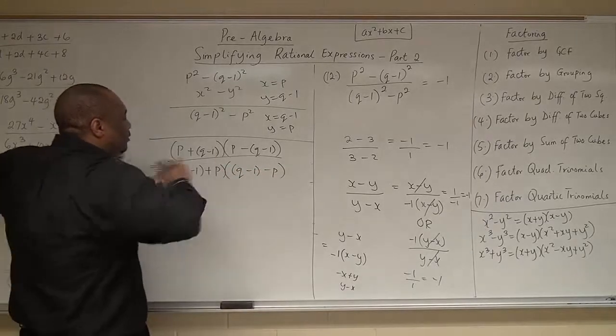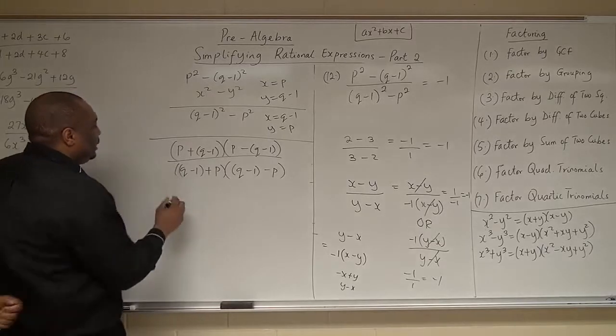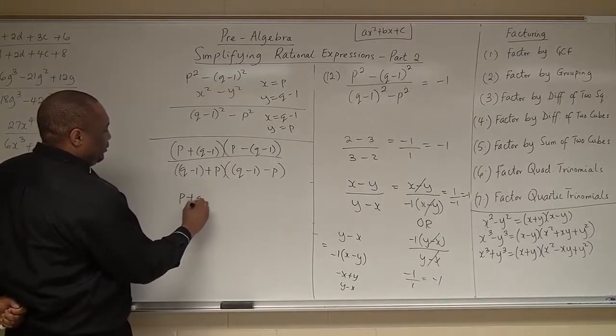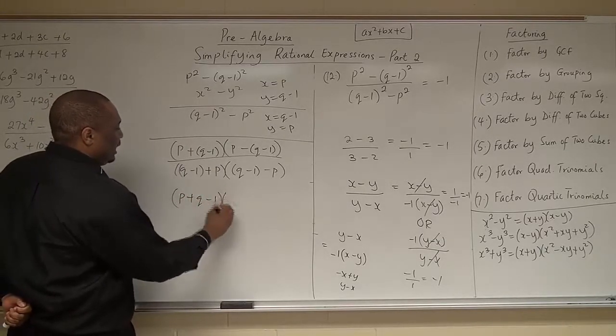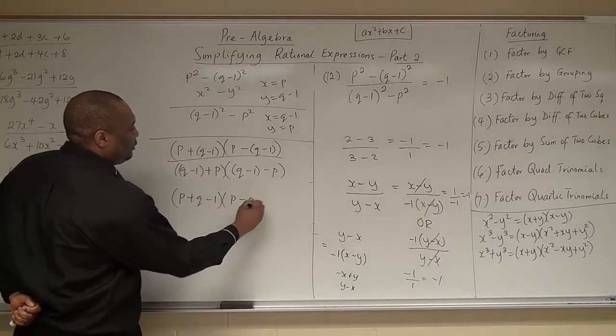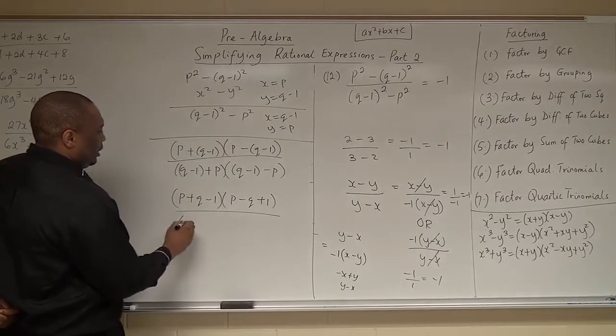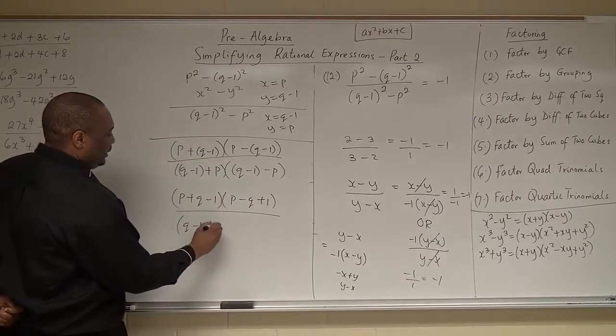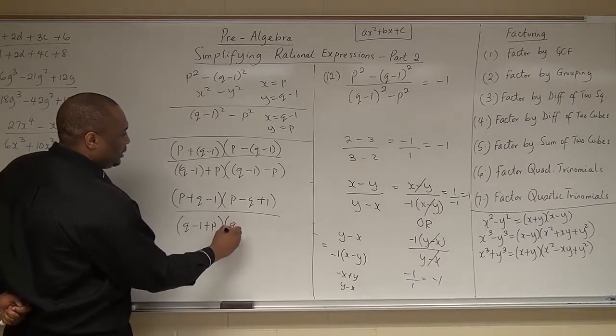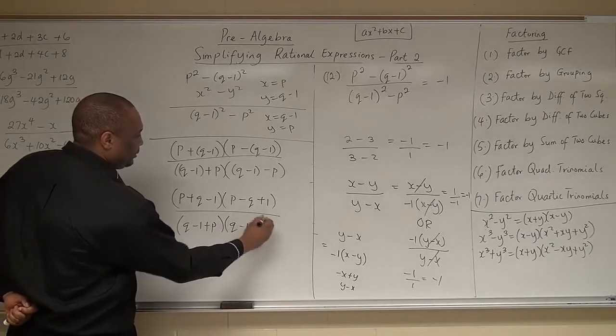Alright, so let me open up the parentheses. This will now give me p plus q minus 1 times p minus q plus 1, all over q minus 1 plus p times q minus 1 minus p.